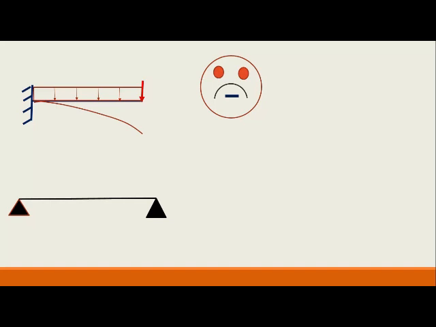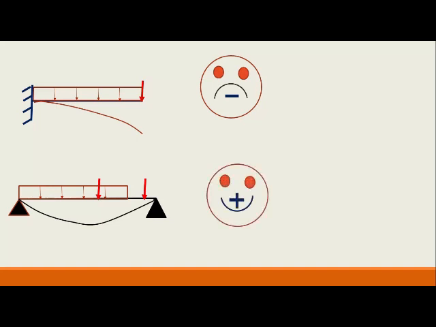But in the case of a simply supported beam, when we put the same transverse load from the top towards the downward direction, it deforms like this, and this causes a sagging bending, and generally it gives a positive bending moment diagram.